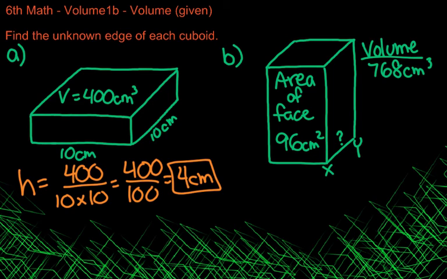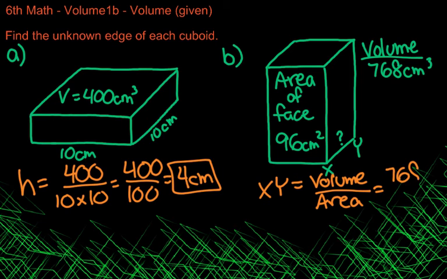Here we go. In this one, we're given that the volume is 768. So what can we do here? We could say that xy is equal to volume divided by area. Okay, cool. All right, I can do that. 768 divided by 96. Now, if you didn't work this already, I'd like you to now try to divide 768 by 96.